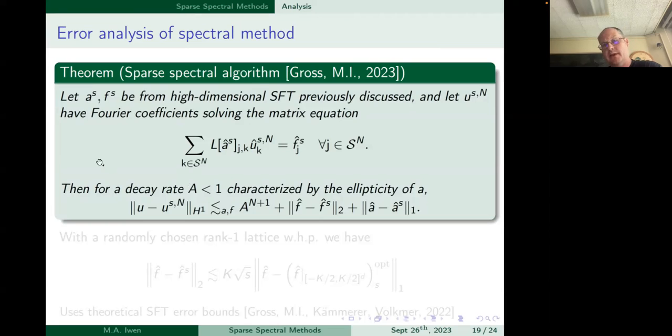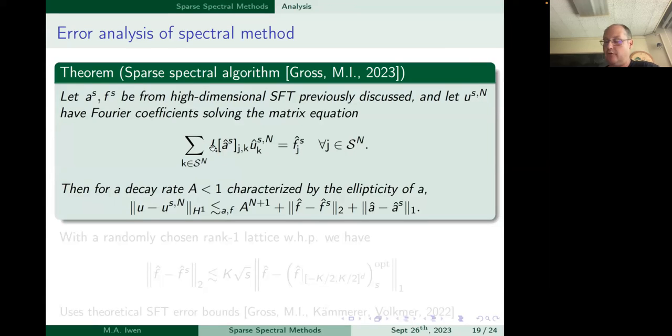Okay, so we put all of this together, and we get the following theorem. It says, use a sparse Fourier transform to approximate the Fourier series coefficients of A and F. Then go ahead and use the stamping set construction technique we just discussed to truncate your infinite system of linear equations.